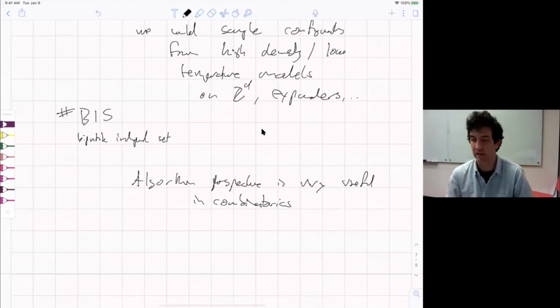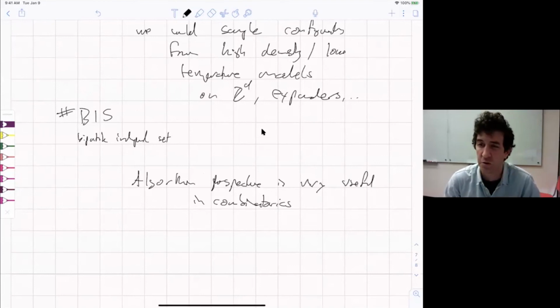This is one example, but I think it would be interesting to explore. There are some really cool new algorithmic ideas in this field, things called spectral independence and so on. It would be very interesting to see if they have more combinatorial applications. They have some combinatorial applications.